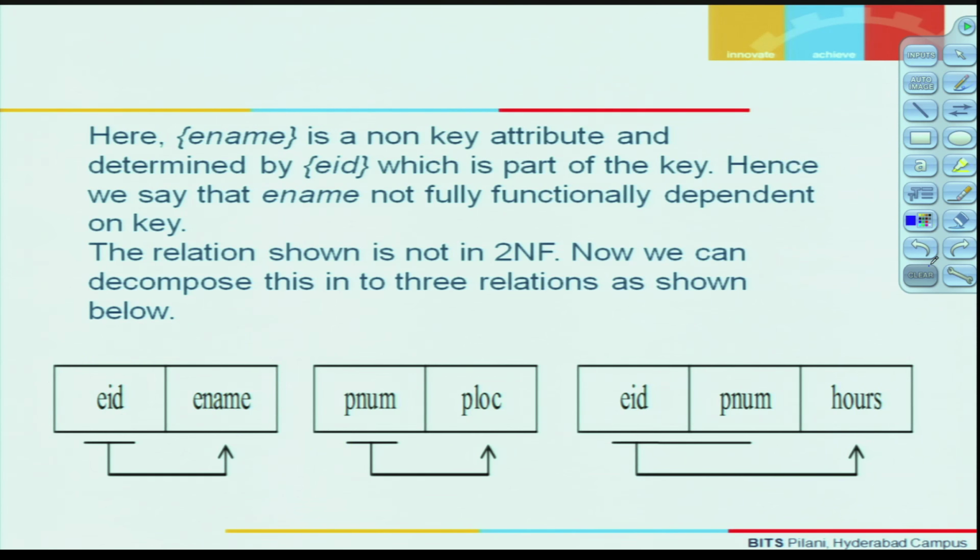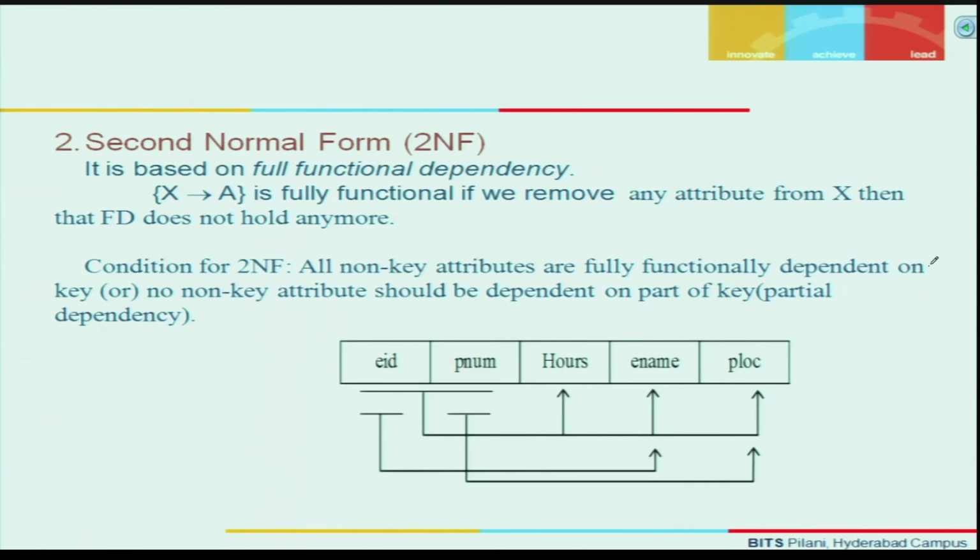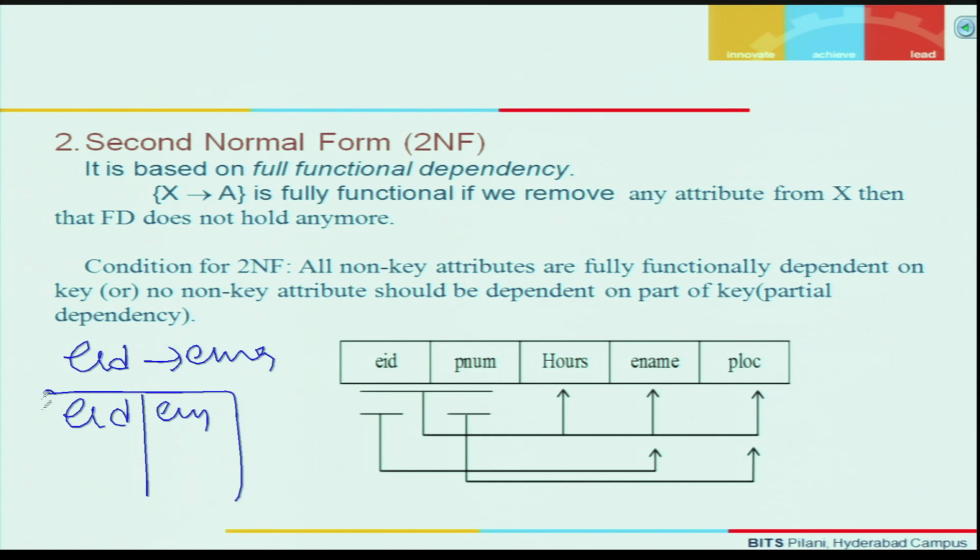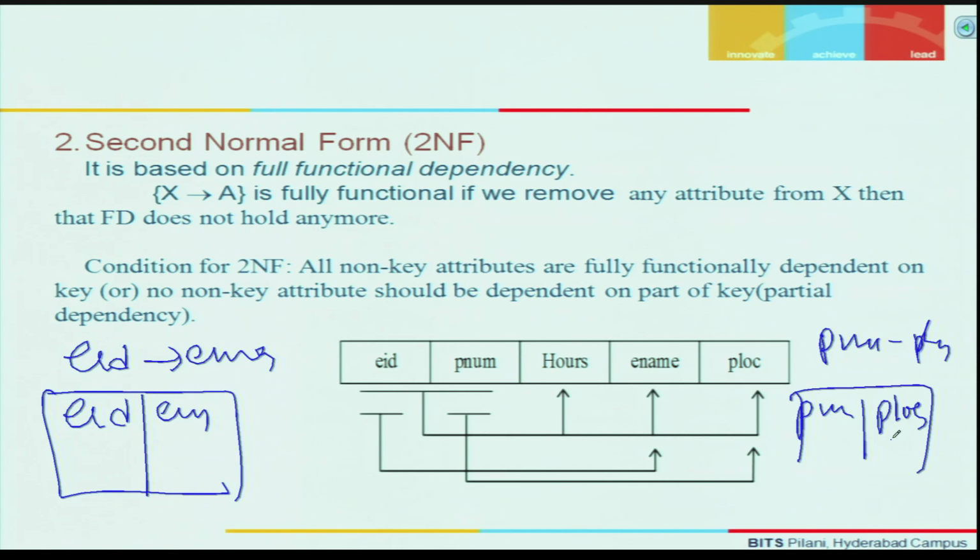Then, in the process of bringing it to second normal form, we perform decomposition. In the previous case, I will take EID determines ename, put the EID and ename attributes in a separate decomposed relation, and similarly pnum determines p location, I will put pnum and p location in another table, and the remaining things will be in the third table.